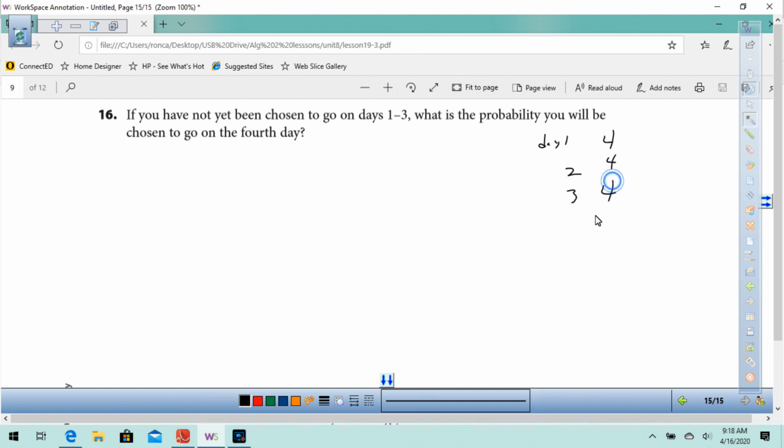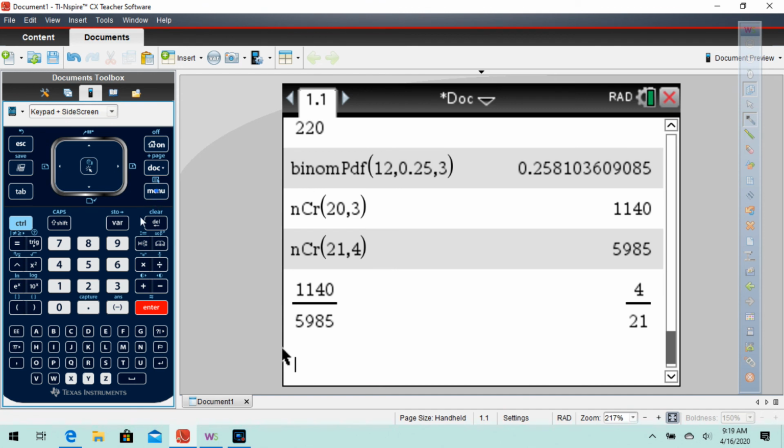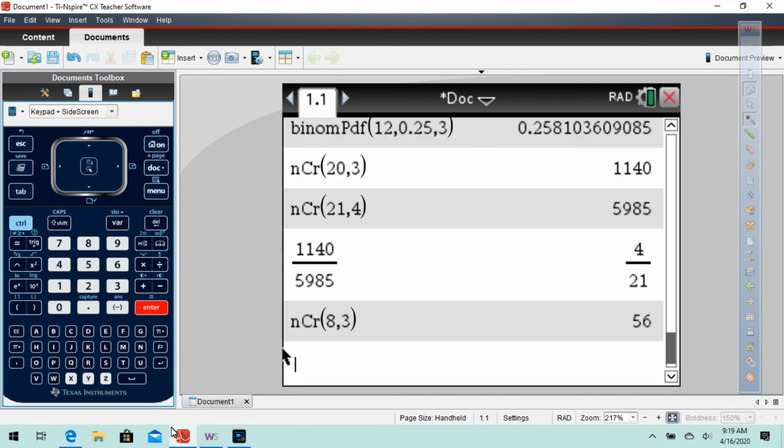That's 12 who have already gone. So the probability, let's see, we got 8 choose 3, which is 56.